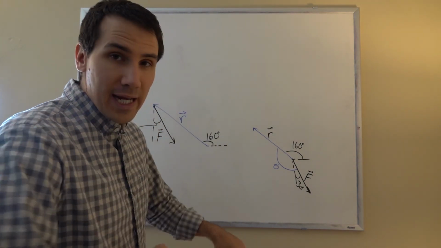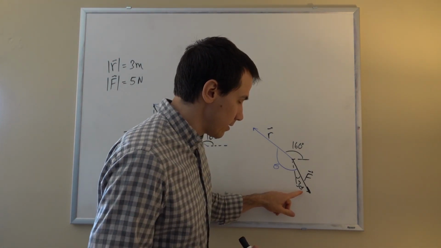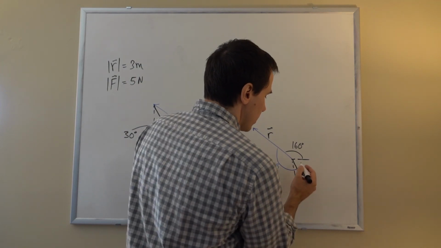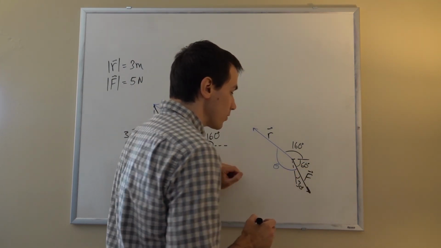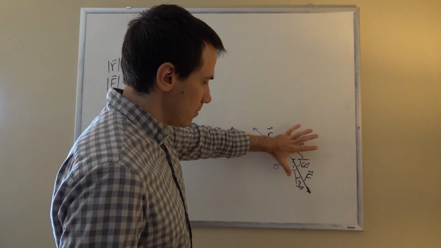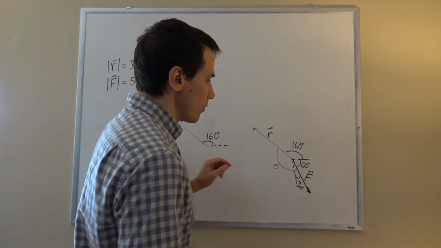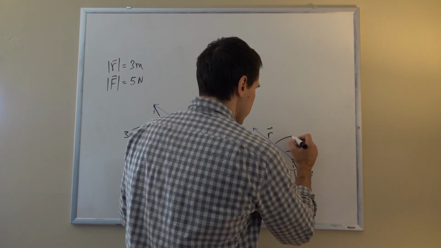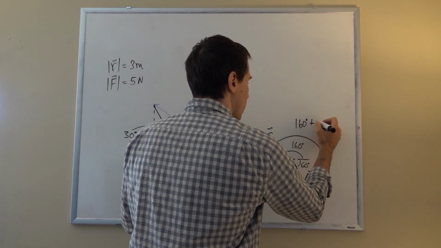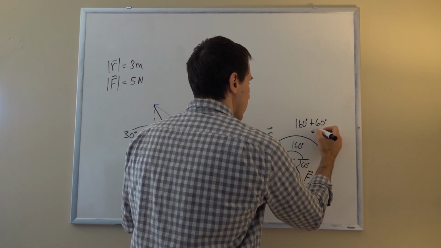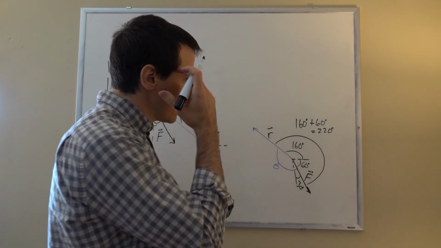The simplest one that I see at the moment is if I realize that this angle is 30 degrees, then this angle here must be 60 degrees because it makes 90 degrees between the x and y axes. So then this angle here must be 160 degrees plus 60 degrees, looks like 220 degrees.